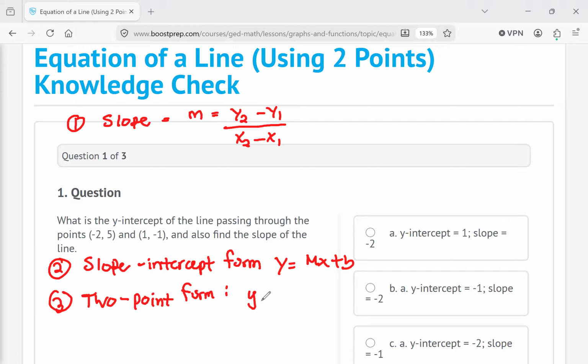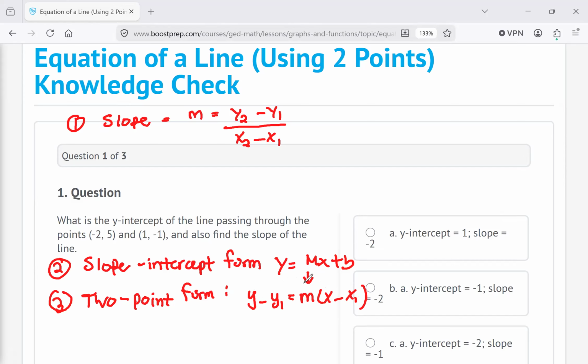It's y minus y1 equals m times x minus x1, right? The y1 and the x1 are subscripts and it's a point, and the m is a slope. So you've probably seen these formulas in the previous videos, and we're definitely going to use these formulas again, depending on the questions, right?